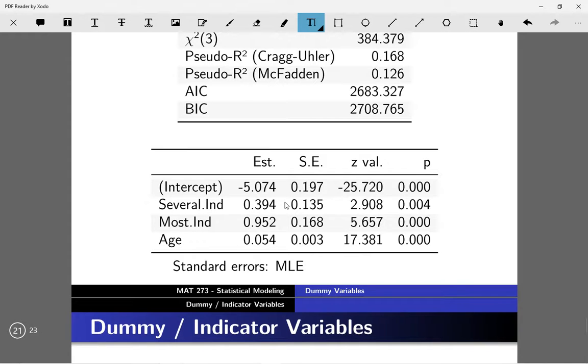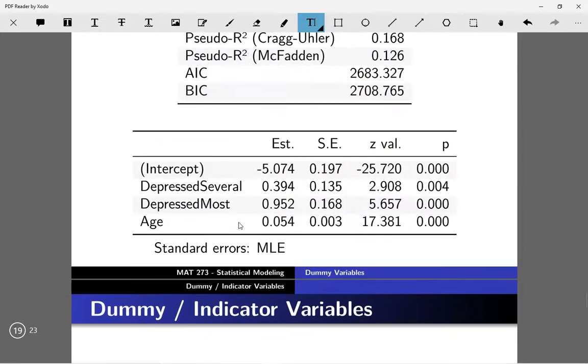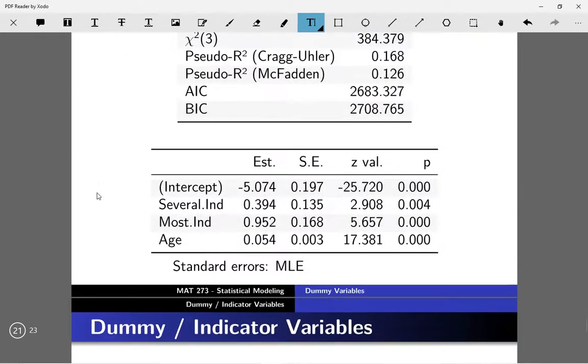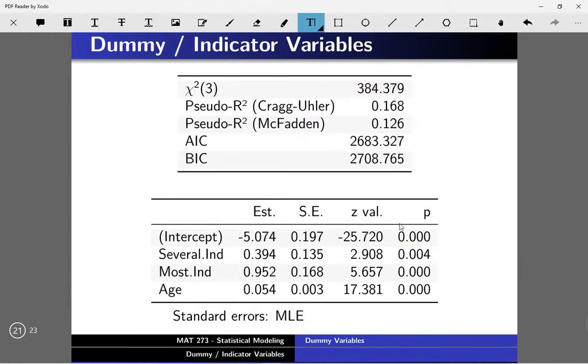So 0.394 is the estimate for several, 0.952 for most, and those are the same values as when R used the string variable as its categorical predictor. Again, this is just showing the equivalence of those two views of the data and how R is actually recoding things as zeros and ones underneath when it fits these logistic regression models. So a good thing to understand about how this is working.